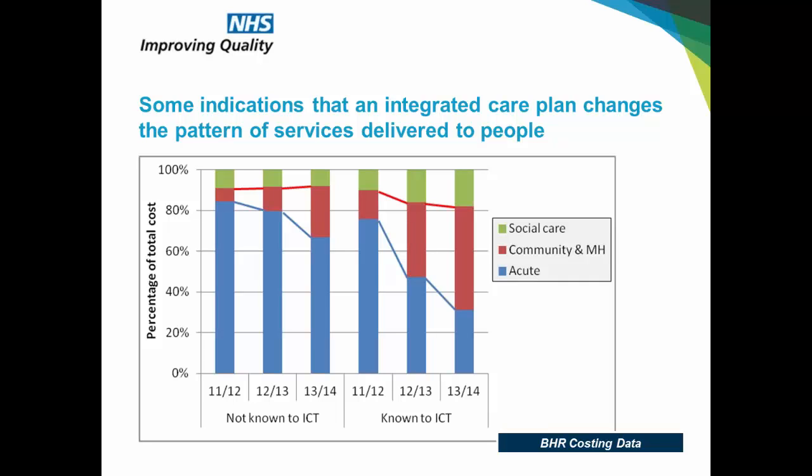So you can see at the bottom on the right-hand side, those that are known to their integrated health and social care team tend to be getting more community mental health services and tend to be using less of the acute services. So from our own evidence, whilst the peer-reviewed journals in some cases are not conclusive, from the evidence that NHS Improving Quality has collected, you can see that there is a case for having this community service which might be helpful.